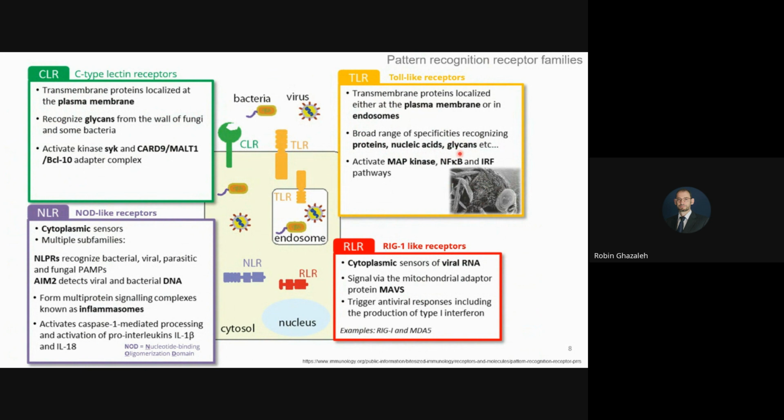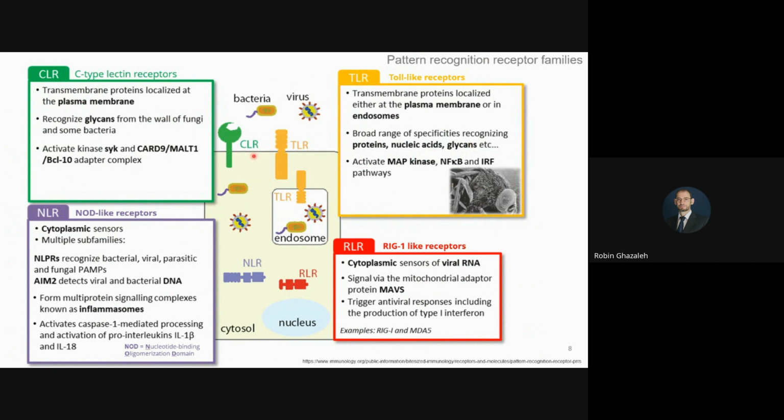Viruses also, their cell surface proteins are generally glycosylated, and those can also serve as patterns for toll-like receptors. We'll see later how nucleic acids serve also as patterns. So very odd that the same family of molecules is able to recognize very different things.